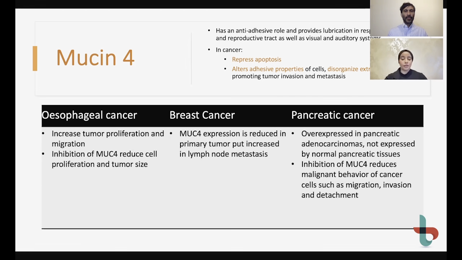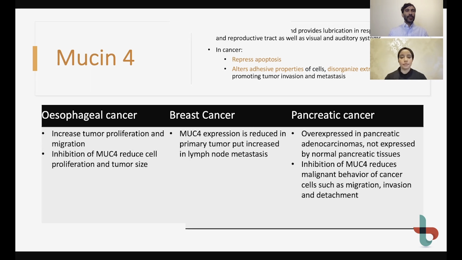However, this is not normally expressed in normal pancreatic tissues, again supporting its role in tumor invasion and metastasis.